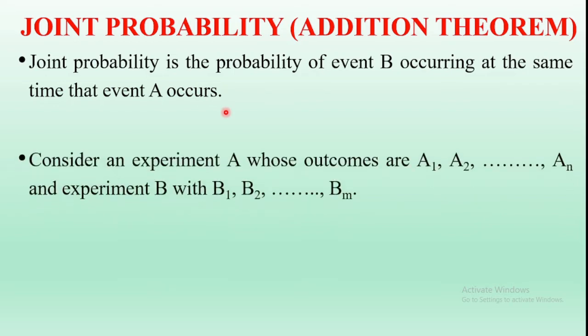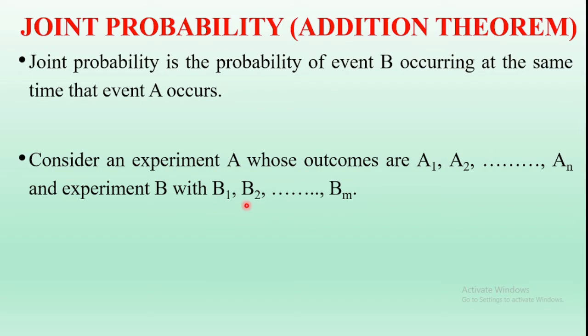Consider an experiment. In that experiment, event A has outcomes A1, A2, A3 and so on up to AN, and in a second experiment, event B has outcomes B1, B2, B3 and so on up to BM.